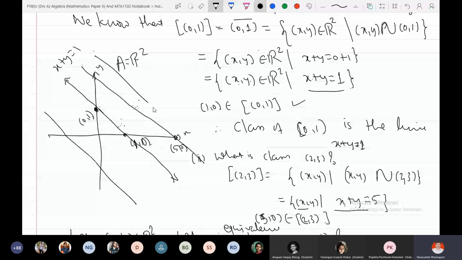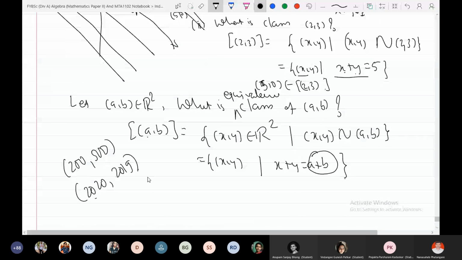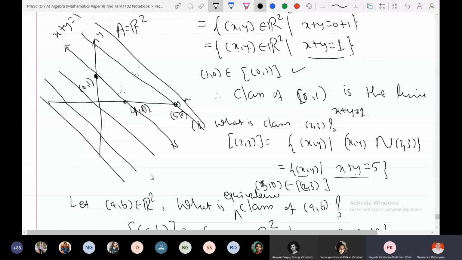And therefore what are the equivalence classes? You understand? The idea is clear now? And therefore, what are the classes? All the lines, right?